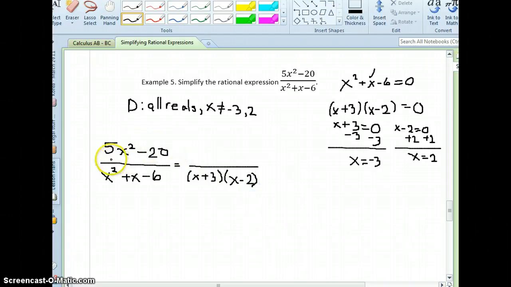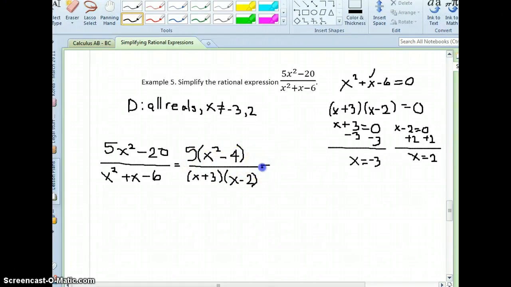In the numerator, I notice that I have a common 5 factor between the two. In fact, that's the GCF. So let's pull that GCF to the front. That means I have 5 times x squared minus 4. And then you should notice that x squared minus 4 is the difference of squares.